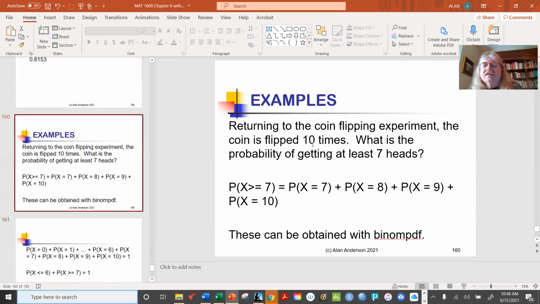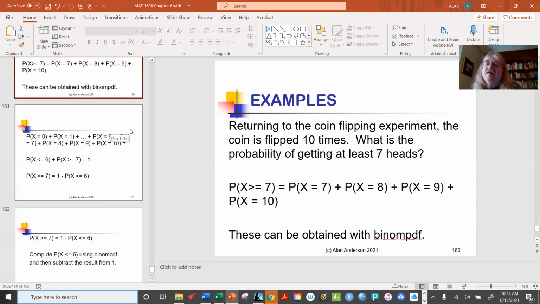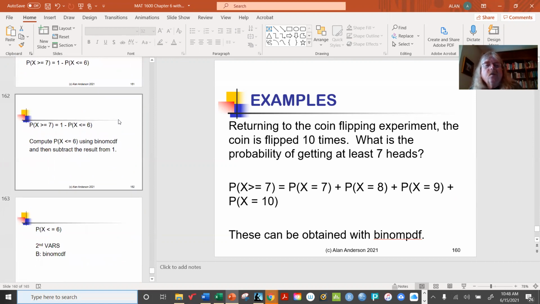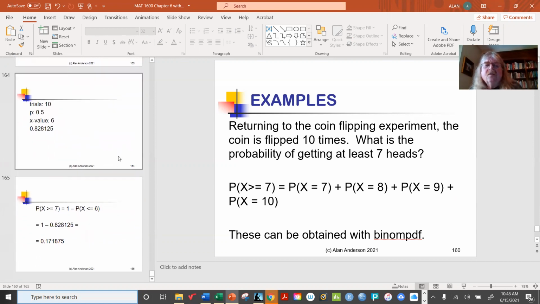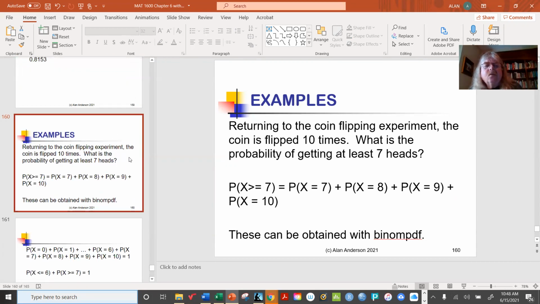So whenever you see at least or more than or greater than, it might make sense to rearrange it and do it this way. Not always. If I had said, what's the probability of getting at least 9 heads? Well, that would mean doing 9 and 10 and adding them up. Maybe you could do that.